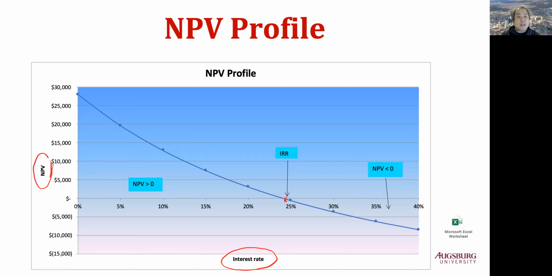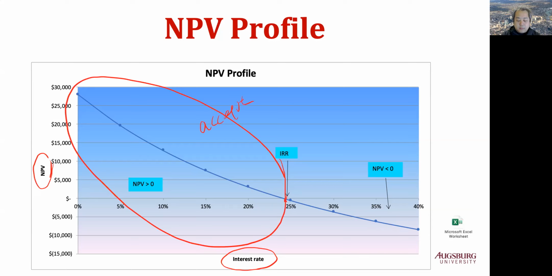Now, if you look at the left side of the IRR, all NPVs are positive, which is acceptance zone. In this case, the IRR should be greater than discount rates.